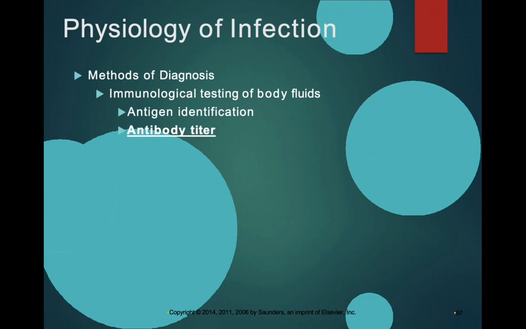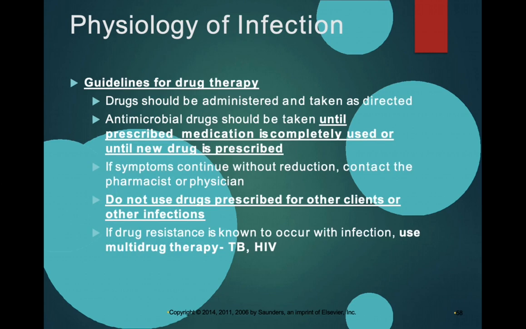There's antigen identification, and there's even antibody titers to determine if they have an acute infection or if they've had a past exposure to it. And that would be the difference between IgMs, meaning they currently have it, or IgGs, meaning a past exposure.